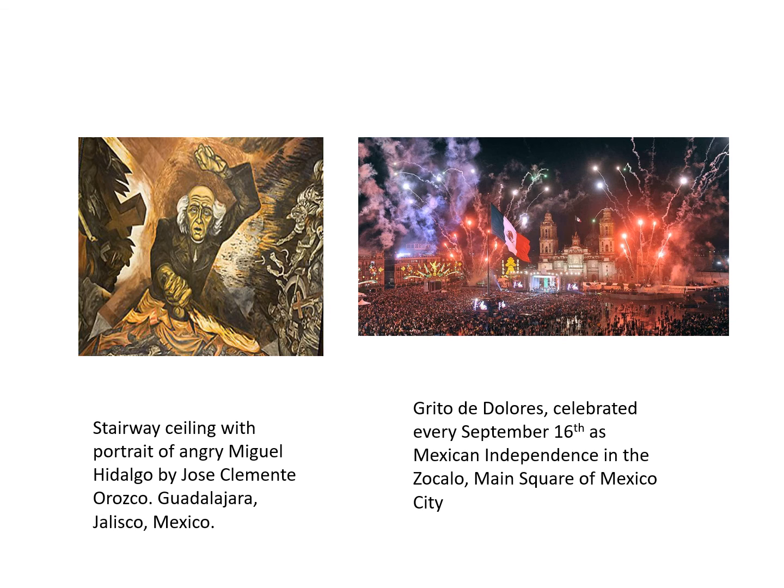Now, this plot was discovered, and as a result of this, Miguel Hidalgo used his pulpit, you could call it literally a bully pulpit. He used his position and his pulpit in this rural parish of Dolores to call upon his parishioners, who were primarily mestizos and Indians, to rise up against the colonial authorities.